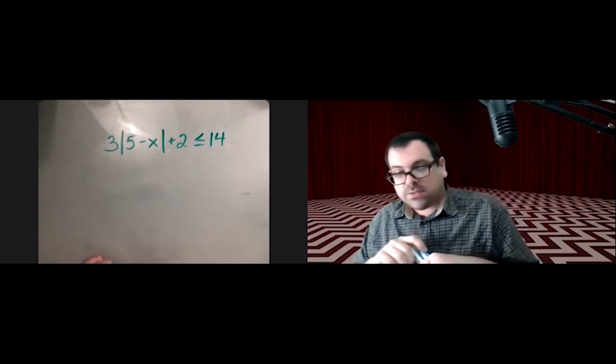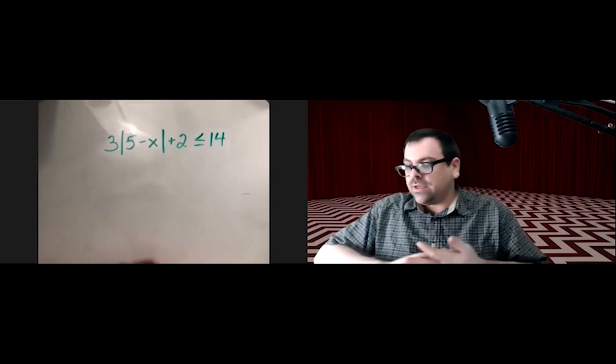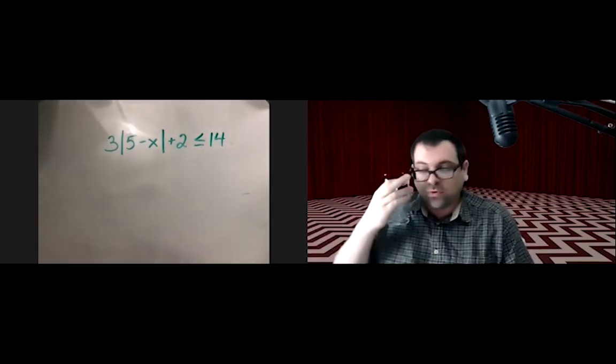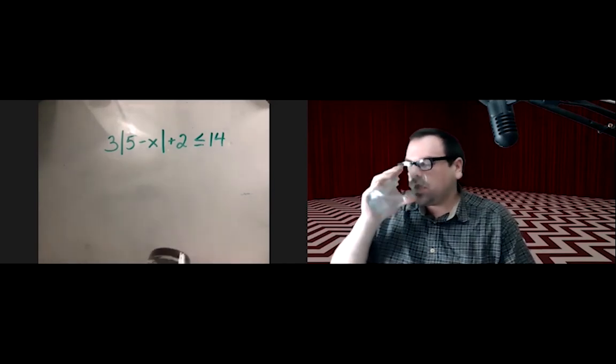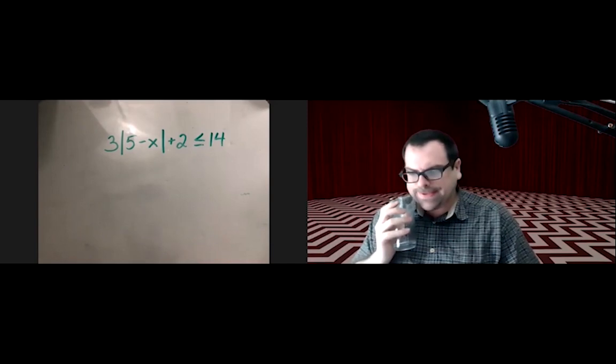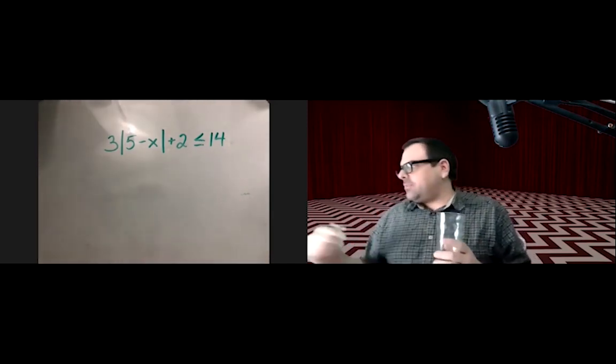3 times the absolute value of 5 minus x plus 2 is less than or equal to 14. Go ahead and get started on isolating the absolute value.